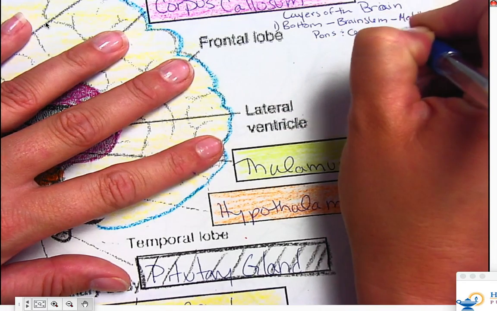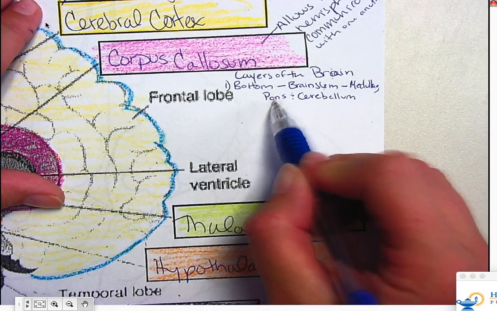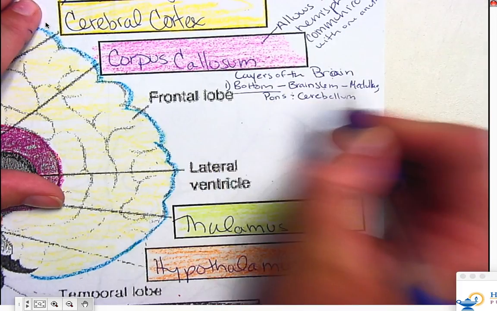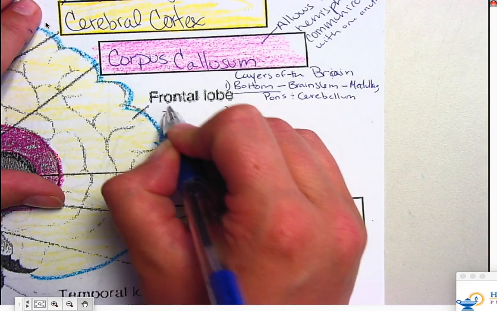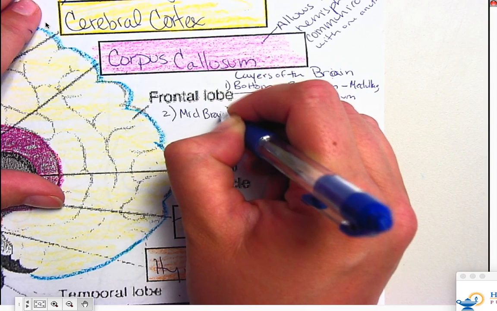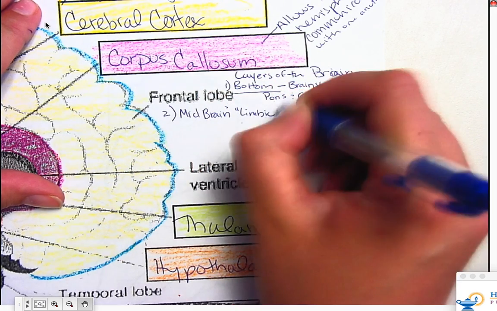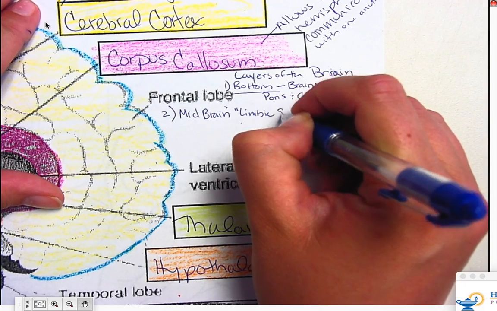You need to know the order, and that's the order. It goes brainstem, medulla, pons, and cerebellum. That is the bottom of your brain. The second layer is your midbrain. Your midbrain is your limbic system, which is what I'm going to go into more detail on the backside. Your limbic system.